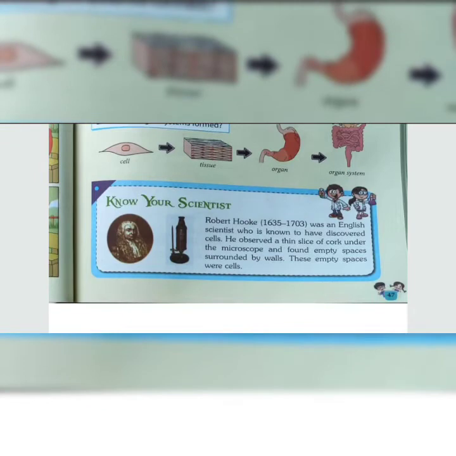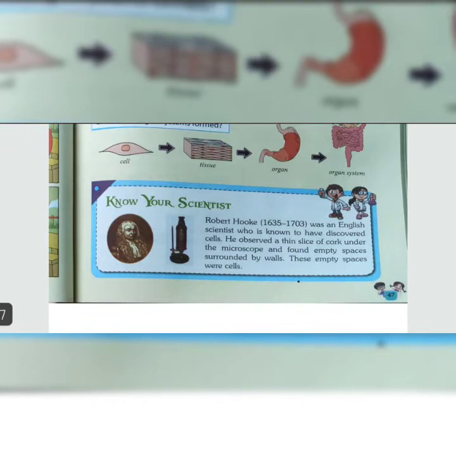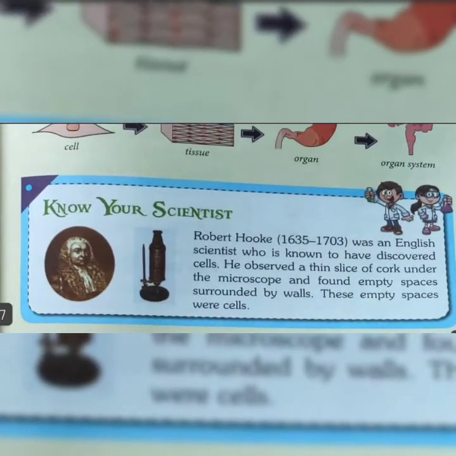Next, Robert Hooke, 1635 to 1703, was an English scientist who is known to have discovered cells. Now, a point to be remembered, just underline this particular sentence.